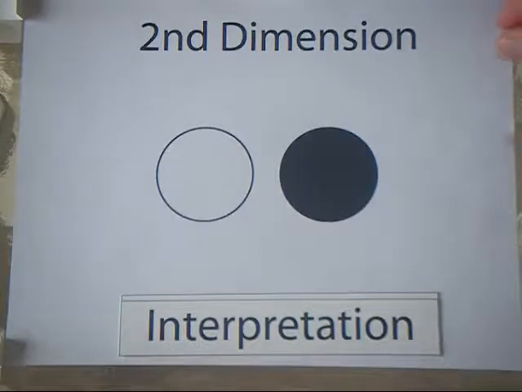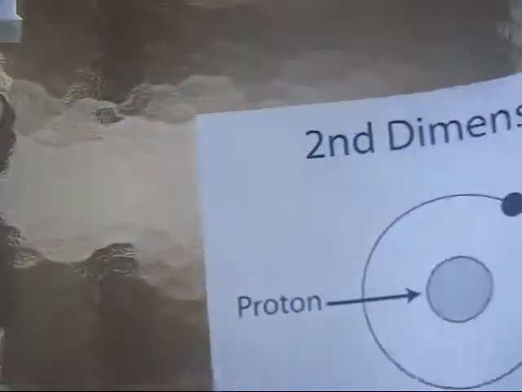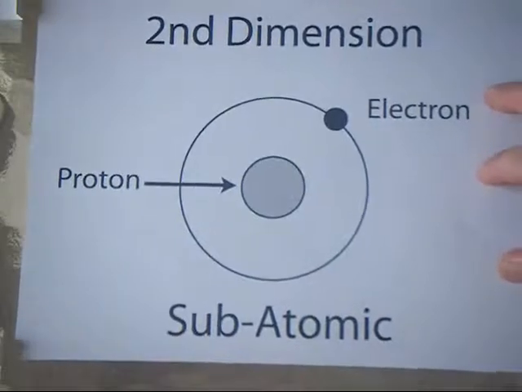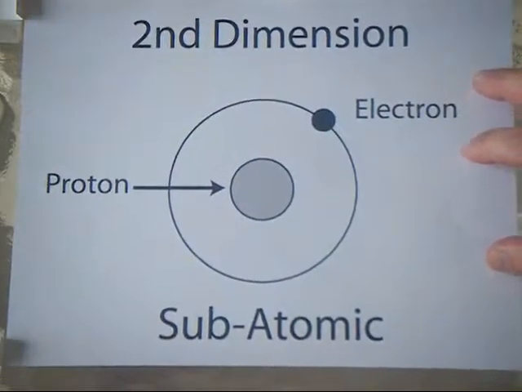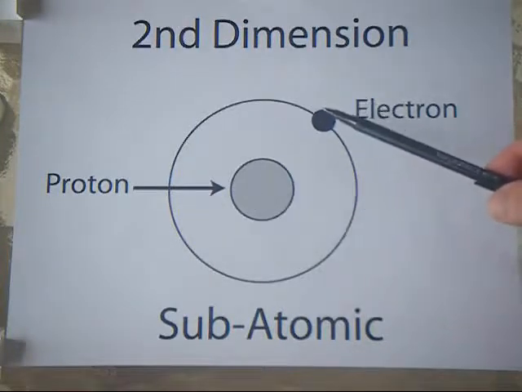Now, other ways to interpret second dimension: when we take photon to the next order of magnitude, we come to another perception of particles that we know of as subatomic. What I have drawn here is a representation that we perceive of the simplest atom, the hydrogen atom, which is comprised in our perception of a single proton and a single electron.